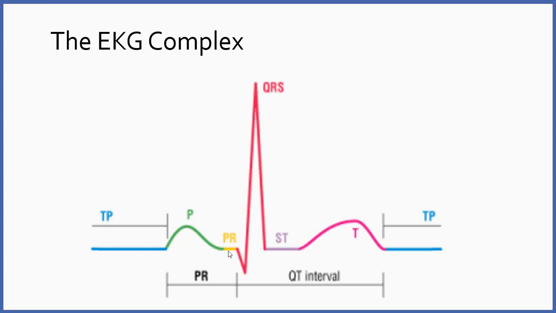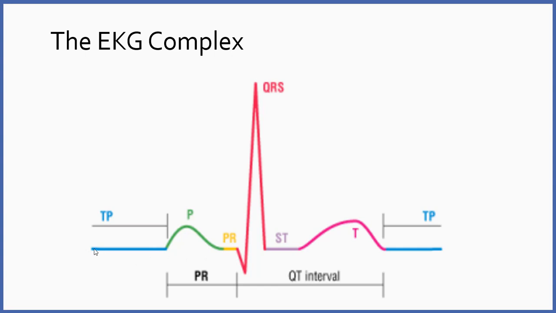It shouldn't really be biphasic. What you see here in yellow that says PR is part of what's called a PR interval measurement. This little bit is an example of that isoelectric state. There's nothing measurable in terms of depolarization or repolarization going on, and so it's at baseline.